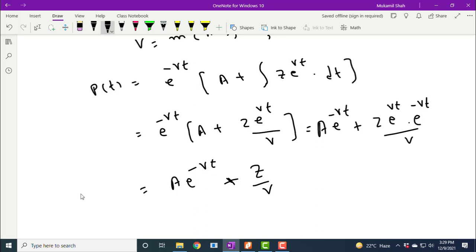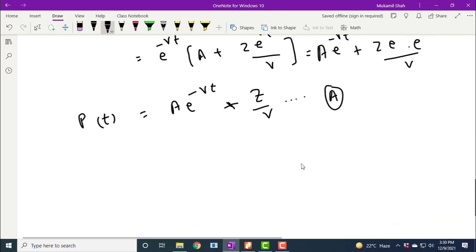This is equal to what? This is equal to p of t. We can name it equation number A, right? Now we have to determine the value of a. To determine the value of a, let us evaluate it at t is equal to 0.